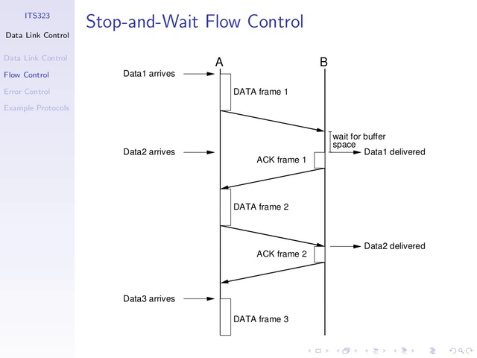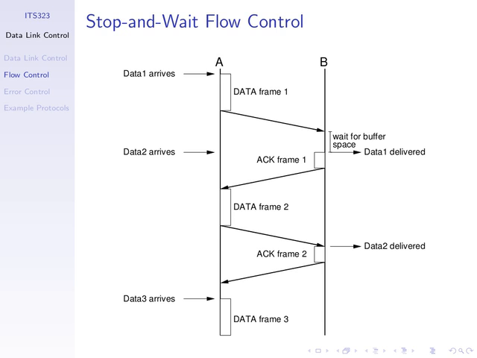And let's say each data frame contains 1,000 bytes of data. Then initially the buffer is empty at B. When we receive the first frame, we put the data received into the buffer, so now the buffer is full.